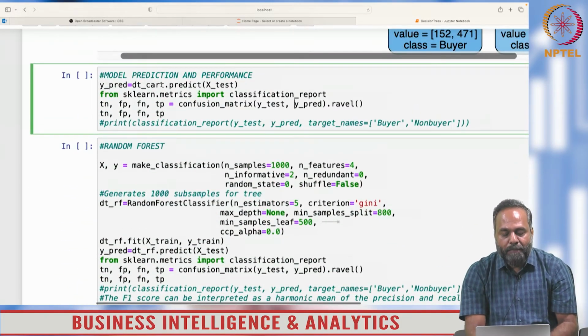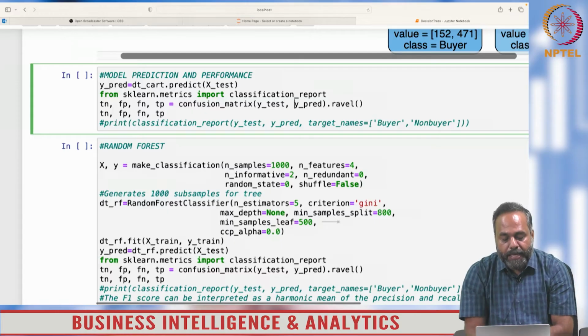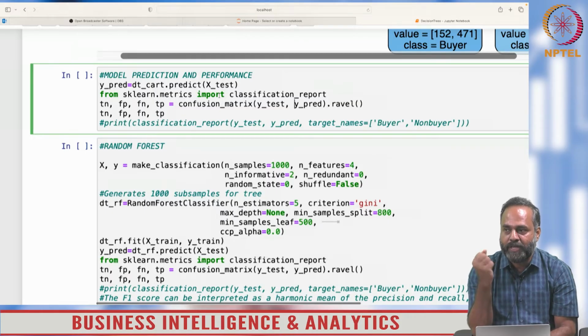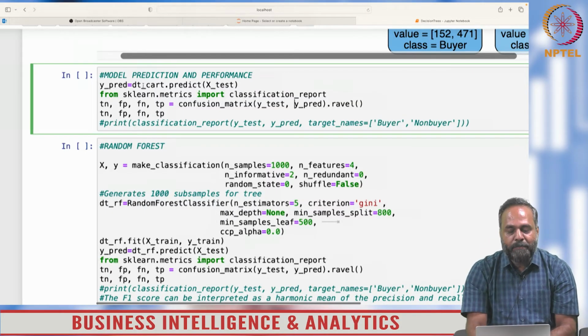So I am using it for predicting. The prediction data is getting stored in an array. y_pred is equal to dt_cart.predict with input data X_test. I extracted the test data already. I am inputting the X_test data and asking it to create the y_pred, or the y cap.